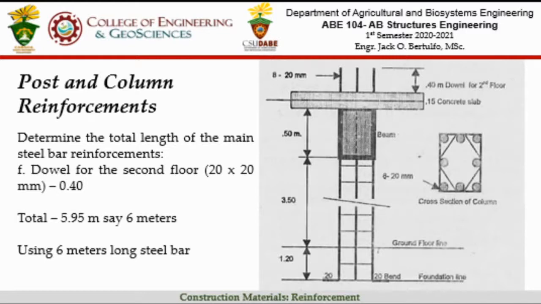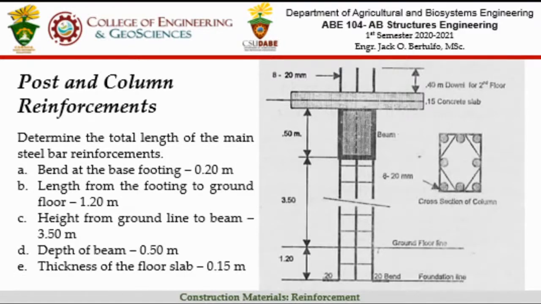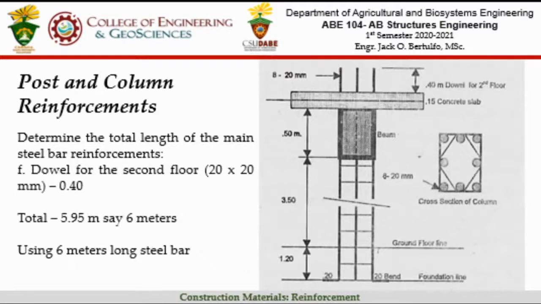Just add up those heights: 0.2, 1.2, 3.5, 0.5, 0.15, then 0.40. You have a total of 5.95 meters. Since it is only 0.05 short, let's say 6 meters. We will use a 6-meter-long steel bar.